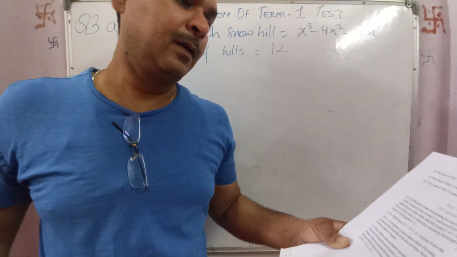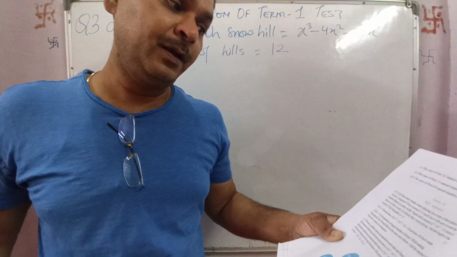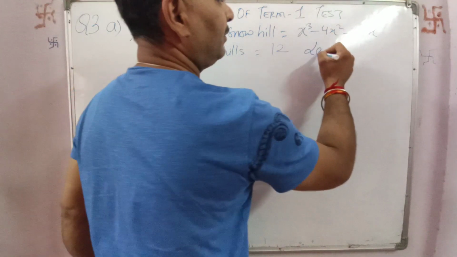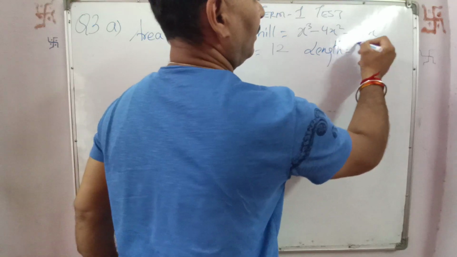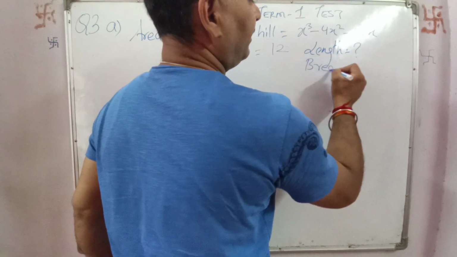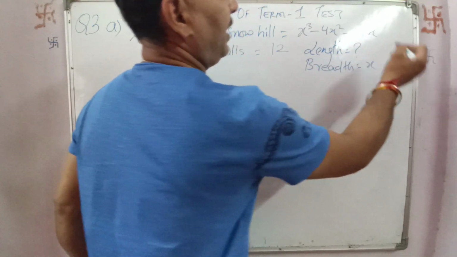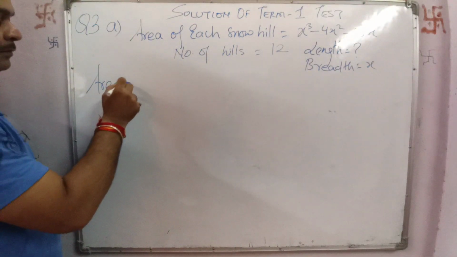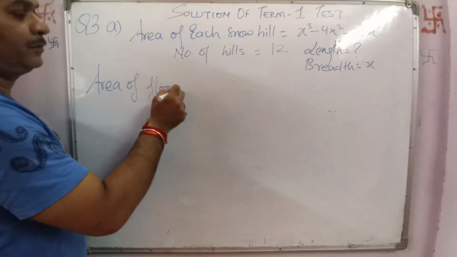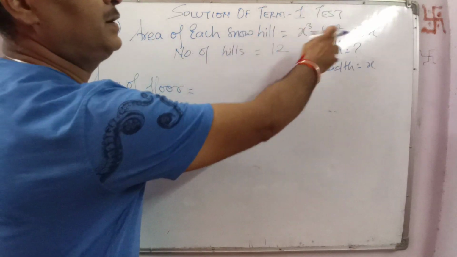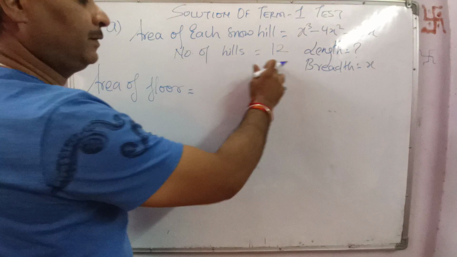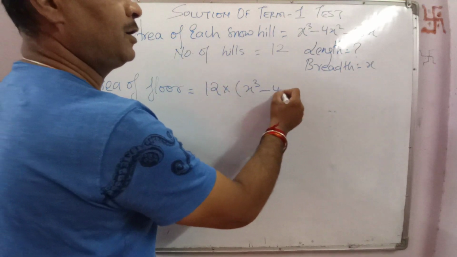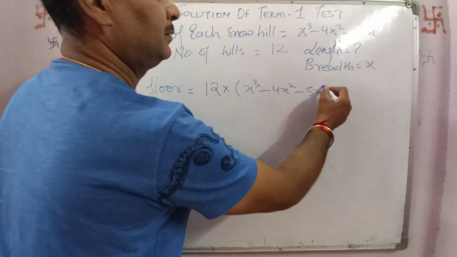Okay, find the length of the room if its breadth is x. So we need to find out the length of the room if its breadth is x. So first we will find out the area of the floor. Now since the area of each snow hill is this and the number of hills are 12, the area of the floor will be 12 times the area of one snow hill.